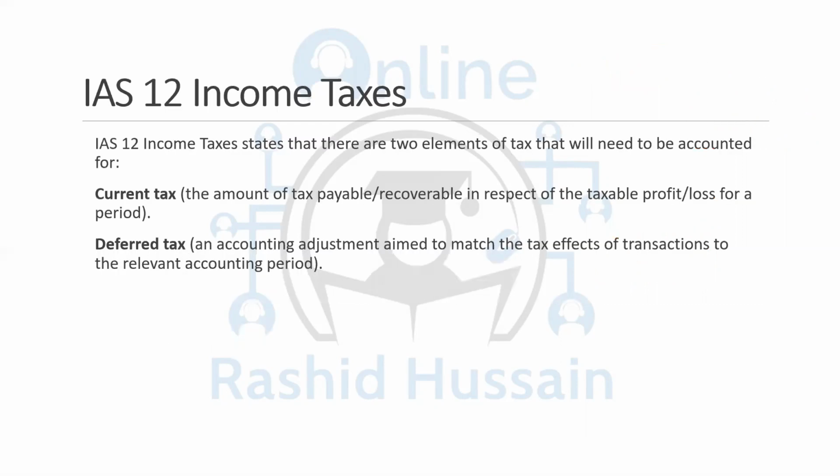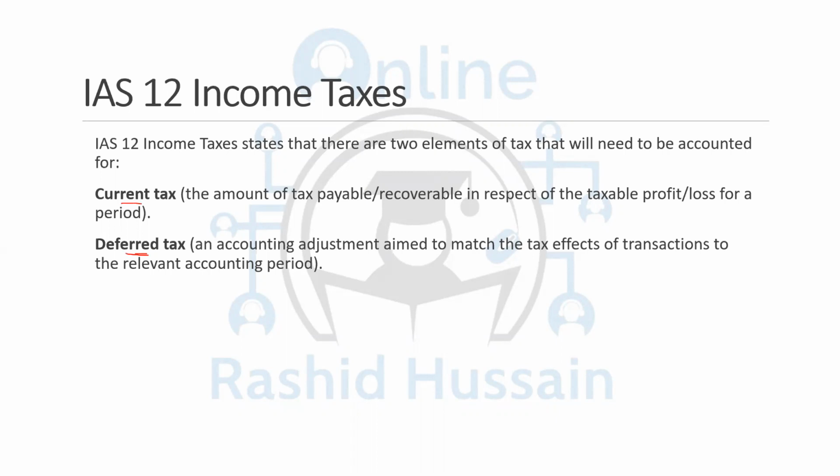When we are talking about IAS-12, you will be dealing with two types of taxes. The first one is the current tax, and the second one is the deferred tax. Remember that this standard is simply based on some calculations.